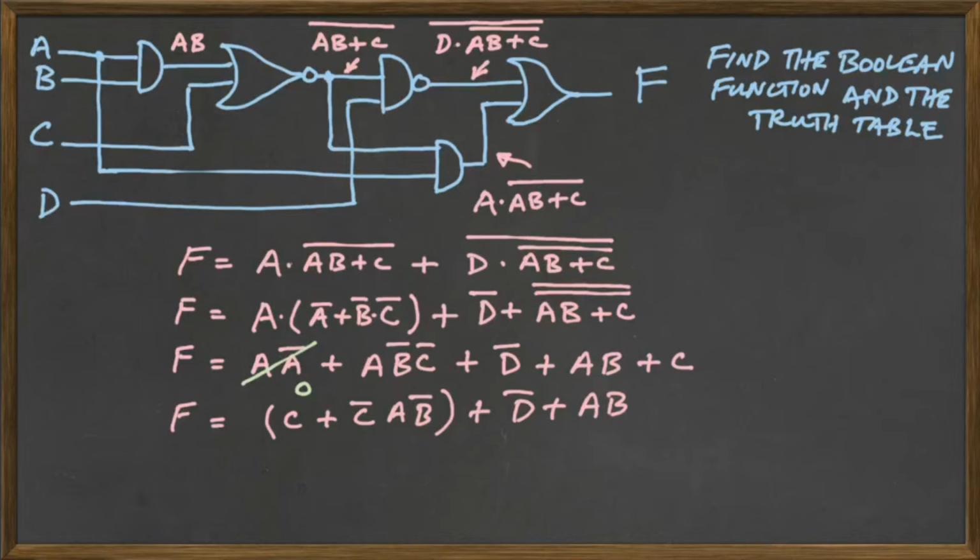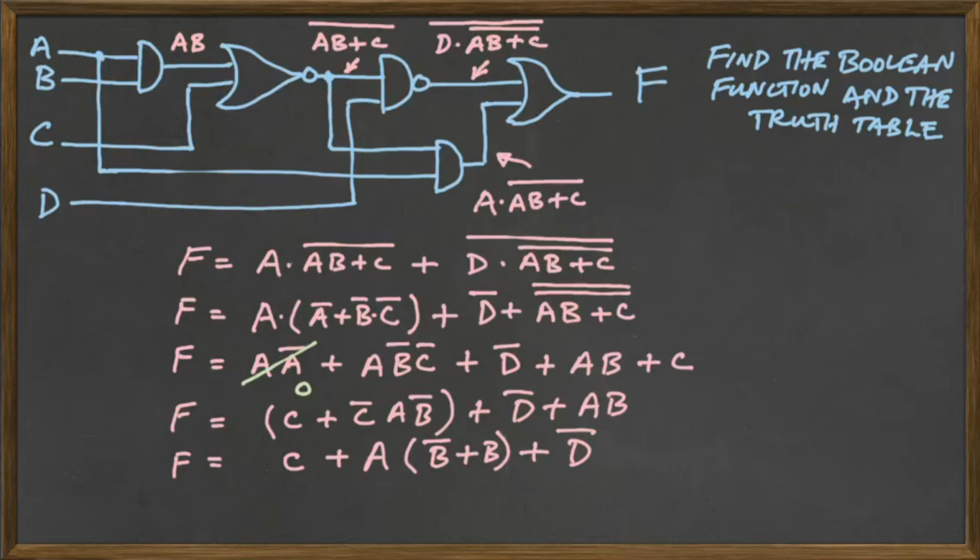And then we gather the C into the A, B bar, C, rearranging the letters so that we can see that we have C or C bar something else. And that simply becomes C or A, B bar.